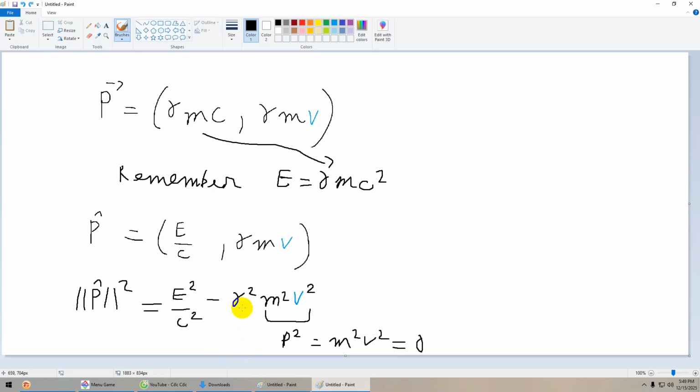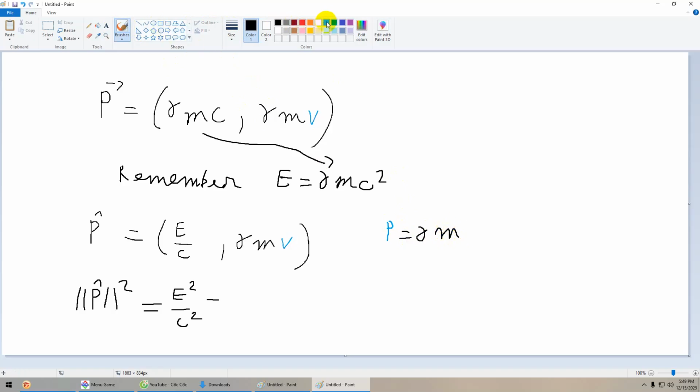So we simply give up everything here, and we simply say that we have the relativistic free momentum, which is gamma mv. Let's just call this p equal to gamma m v.